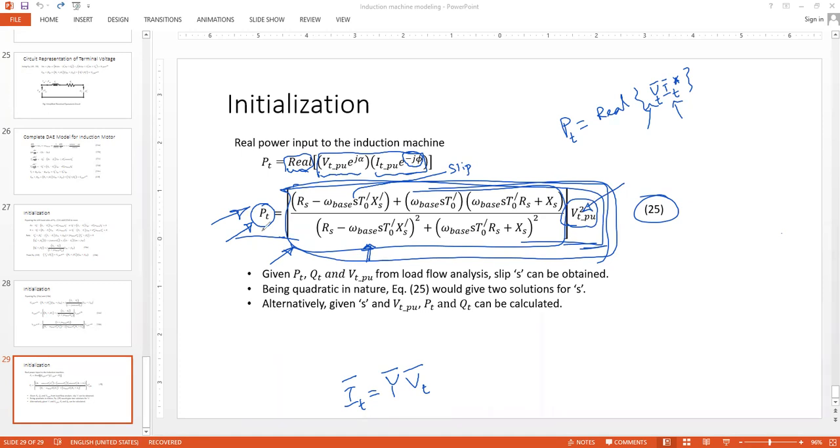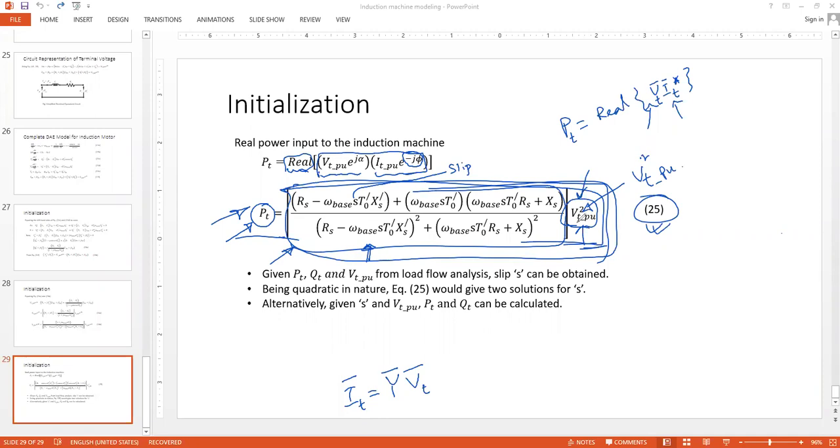So now this equation 25 is a non-linear expression in terms of VT. It is not a linear expression because of the presence of this squared term. When you solve a nonlinear equation, one of the characteristics of a nonlinear system is that you come up with more than one root, or multiple roots, for the system.